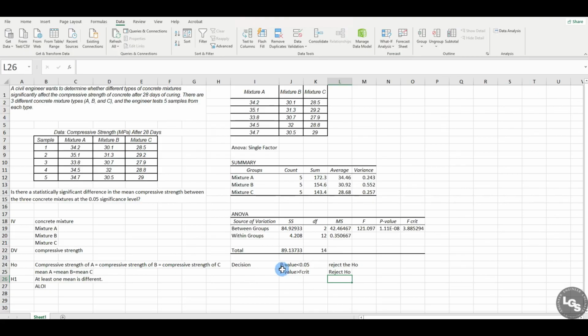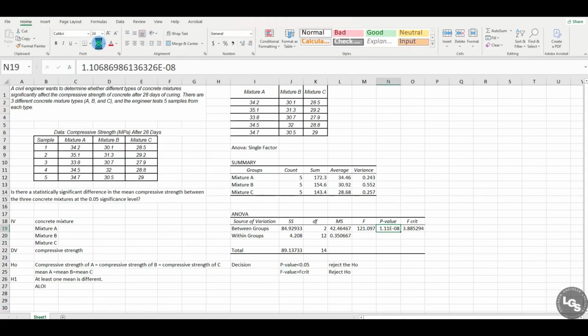So take note, if the P value is less than the alpha, and our alpha is 0.05, we reject the H0. And if you want to use the F value, if the F value is greater than the F critical, we reject the H0.